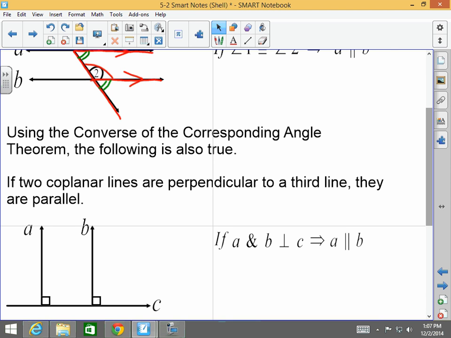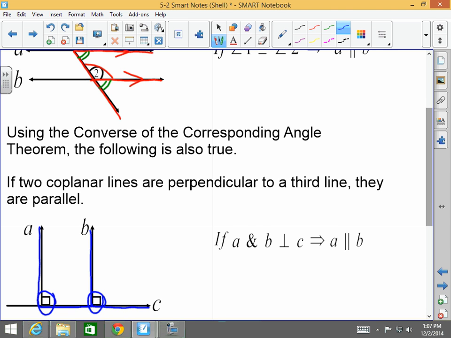Why? Well, we've got a sideways F here, okay? So that's a right angle, that's a right angle. Those are corresponding angles. If corresponding angles are congruent, then the lines being cut by the transversal, in this case A and B, must be parallel.